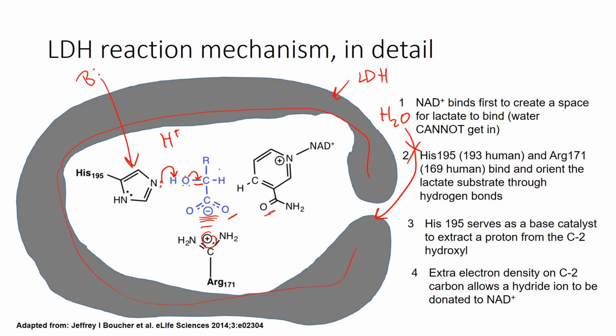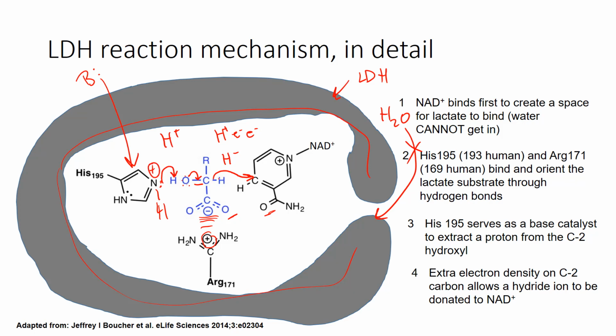And then what's going to happen is this hydrogen atom is going to be transferred to NAD+ as a hydride, a hydrogen atom with 2 electrons coming with it. And so as a result of that, we end up with a protonated and positively charged histidine 195.